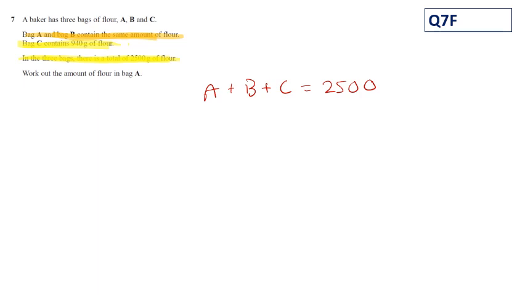So what we're going to do is assign X. We say X represents the amount of flour in bag A, not sure what that is. And bag B also has the same amount of flour, so that's also X. And C, I know how much that is, that's 940 grams of flour, and that's all equal to 2,500 in total.